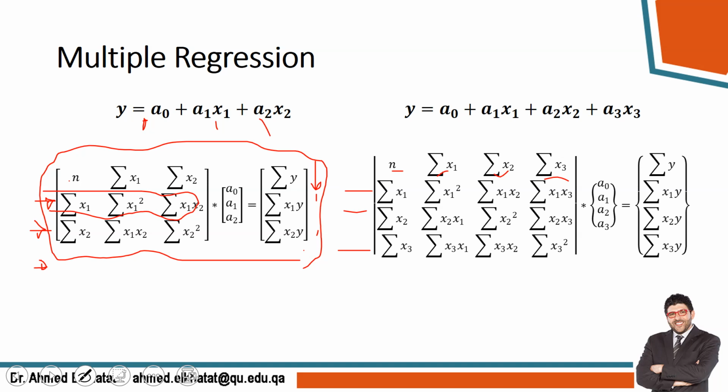And here also we have y, then x1y, x2y, x3y. If you want higher, I think you can predict the same as well. It's easy, you just need to know how we create the matrices. Now if we want to create this in MATLAB, it's done in a similar way.